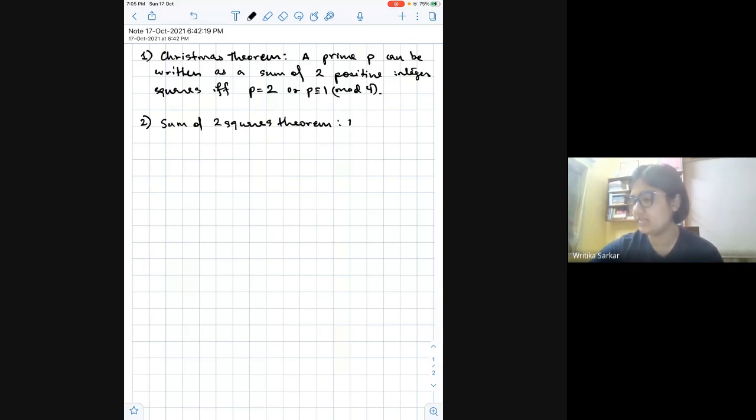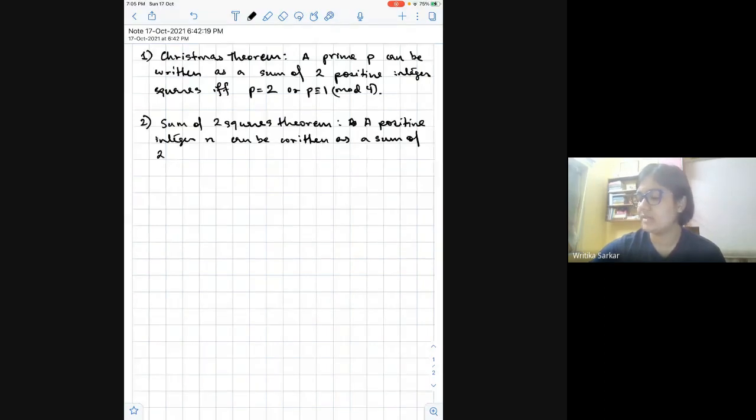It says that a positive integer n can be written as a sum of two positive integer squares, if and only if the prime factorization.